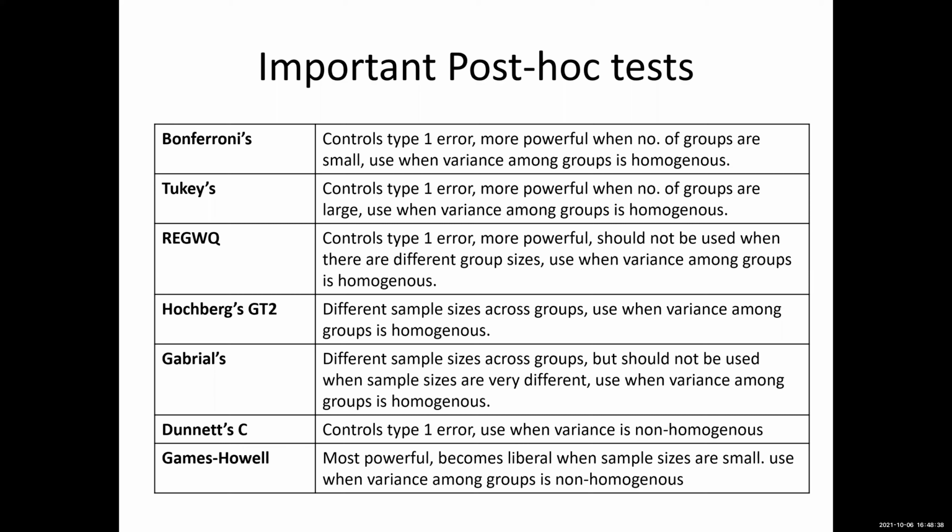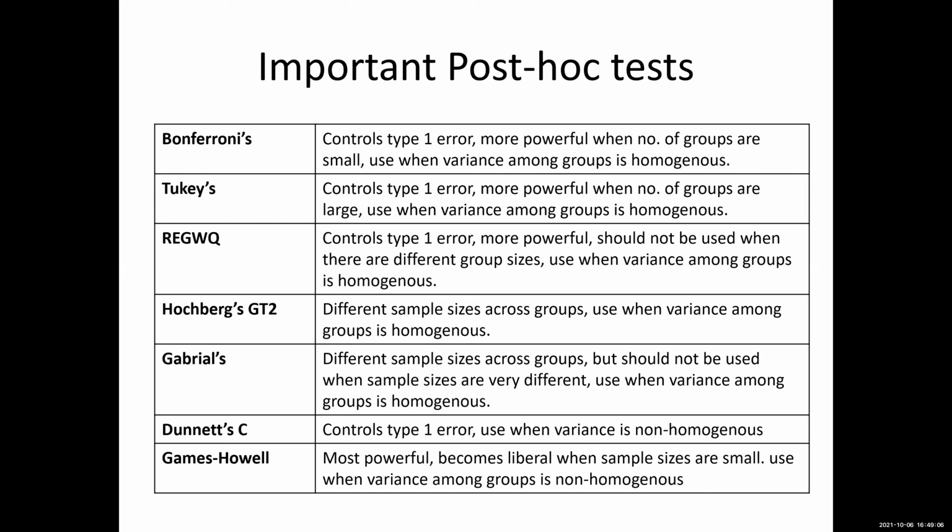REGWQ, again, controls type 1 error, and it is more powerful, but it should not be used when there are different group sizes. For example, if you are dealing with 3 groups or 3 categories in your independent variable, and in one category you have a sample size of 20, in the other you have a sample size of maybe 150, and in the third you have a sample size of 50.